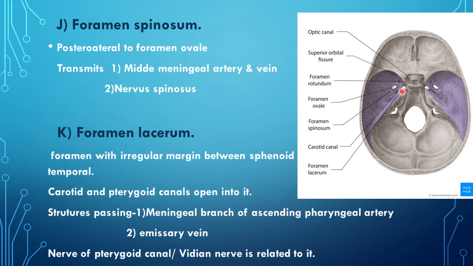This foramen opens into both the carotid canal and the pterygoid canal. A nerve known as the nerve of the pterygoid canal or the Vidian nerve is related to the foramen lacerum. This Vidian nerve lies in the upper part of the foramen lacerum.